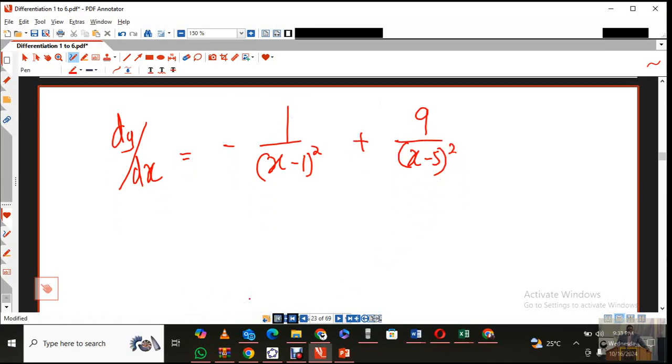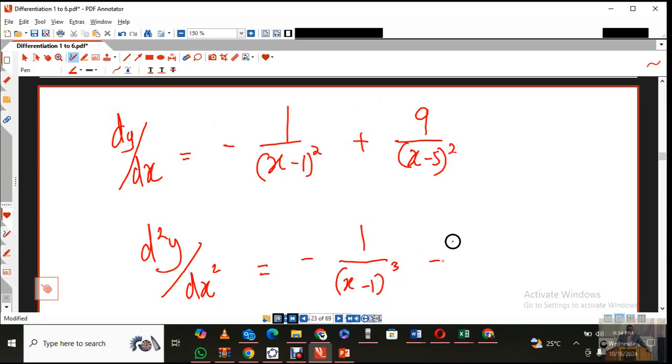The second derivative, d2y dx squared, is going to be -1 all over (x minus 1) cubed. Then the reason you're going to have 18 here, you're going to have (x minus 5) cubed.